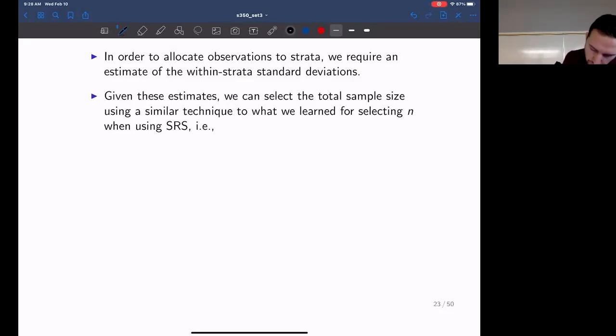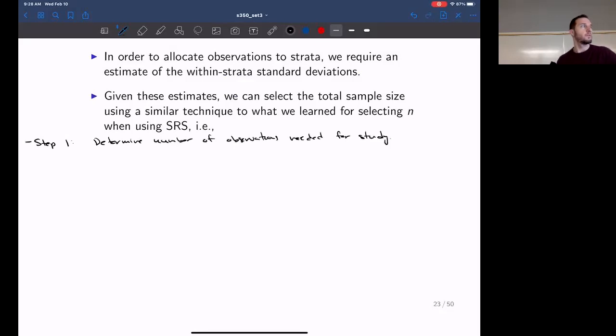Step 1: determine the number of observations needed for the study.